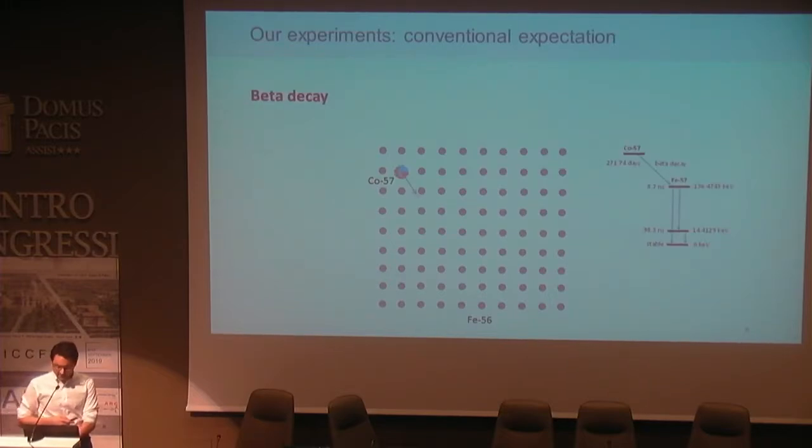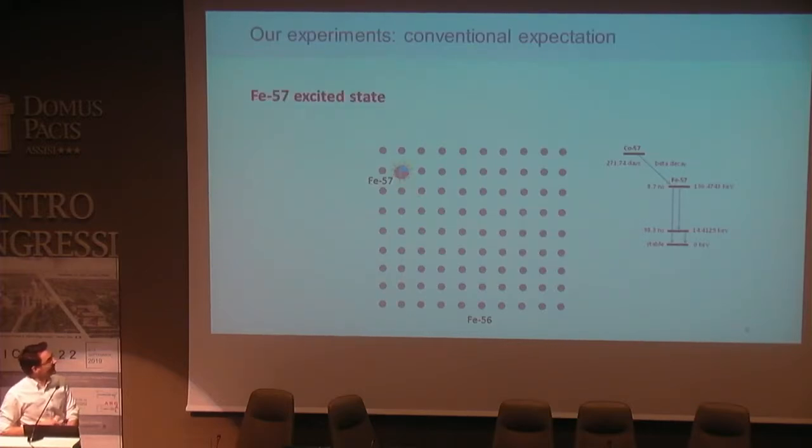So if we have a simple cartoon here where we have a radioactive isotope, cobalt-57, that's part of a lattice, and it beta decays, we have this iron-57 excited state, which is shown here in the energy diagram, and then consequently it goes down through one of two channels, either directly to ground state or through this intermediate step. And then we are mostly interested in this transition here, which is the transition from 14 keV to ground state.